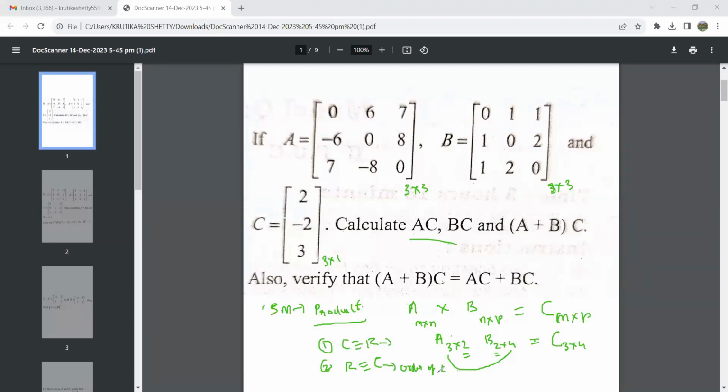The order of A is 3 cross 3, and C is 3 cross 1. So the new matrix, suppose D is the answer, will have the order 3 cross 1. If you know these two rules, the CR rule and the RC rule, you can easily solve this question.